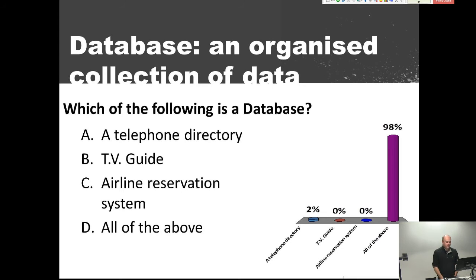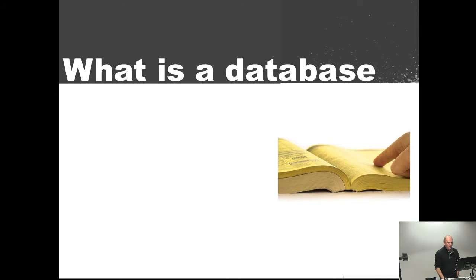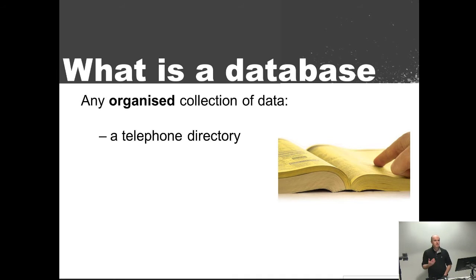Well done. So as I said, a database is basically organized data. So all those systems are a set of organized data. So they are defined as databases. It's an organized collection of data, and here I have a few examples.